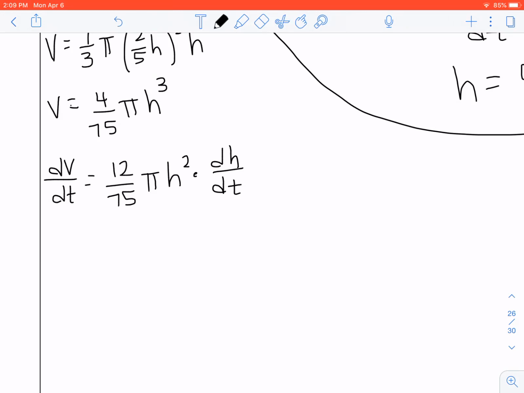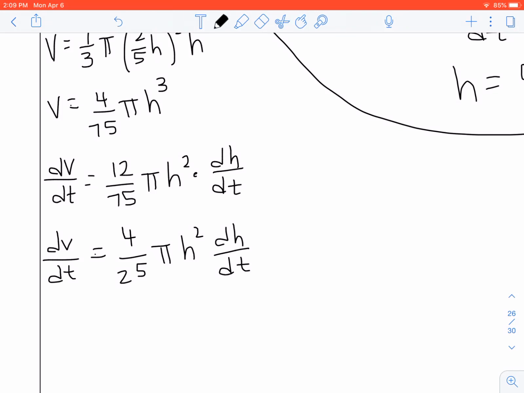And you can simplify this fraction out in front, and we'll have dV/dt is equal to 4/25 pi h squared dH/dt. From here, I'm going to go ahead and substitute in all the values that we know.